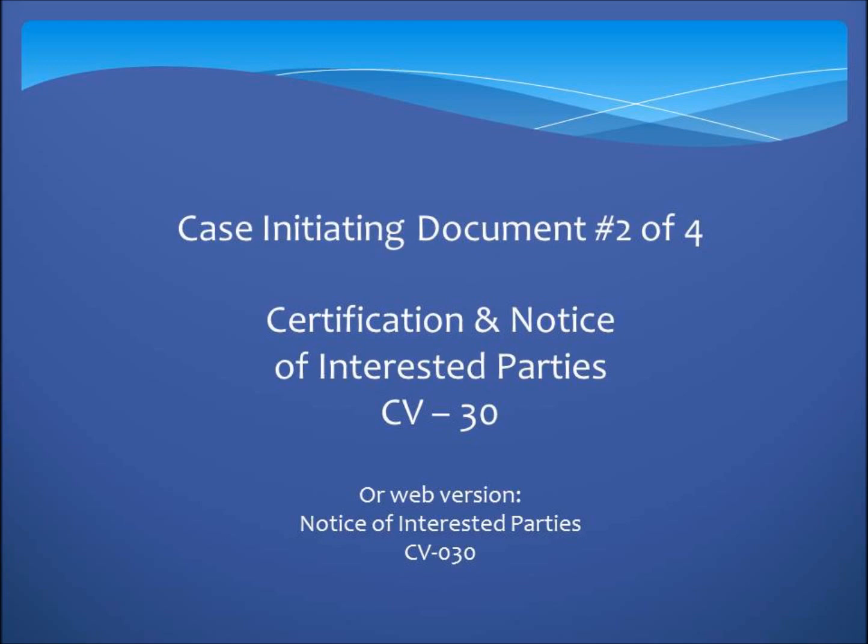In this video, we are covering the certification and notice of interested parties, Form CV-30. And here's an important bit of information for you. This form actually goes by 2 names. There's one name and number on the form itself, and another name and number on the court's website.